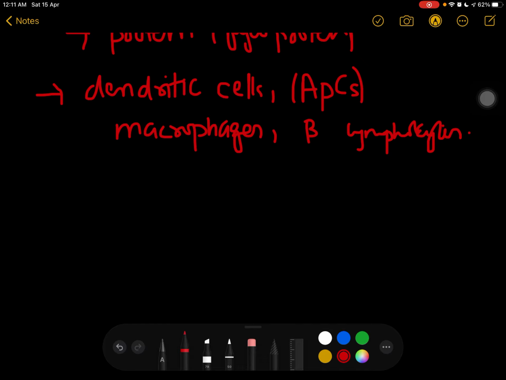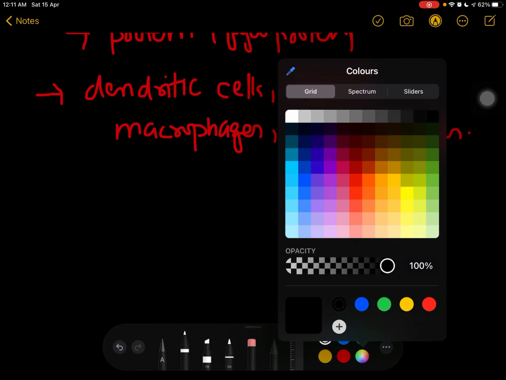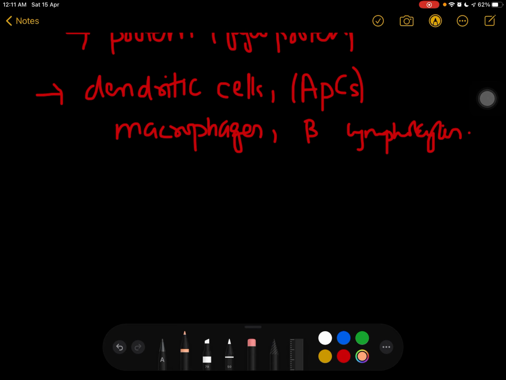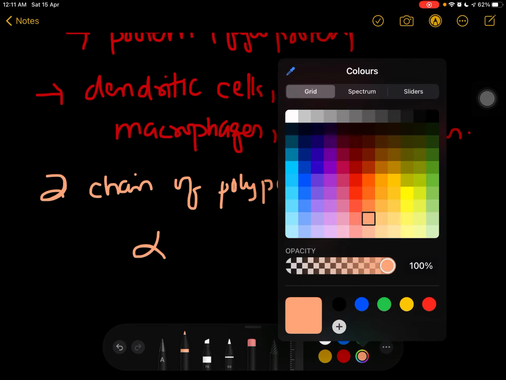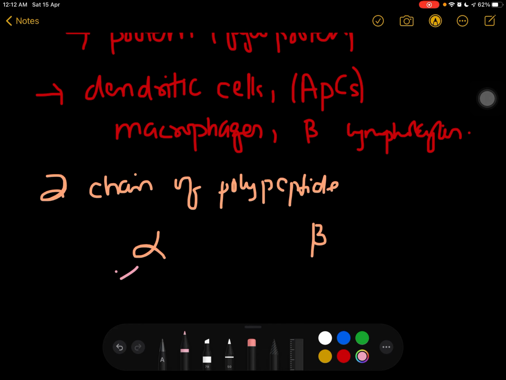Basically it is a heterodimer, like it consists of two chains of polypeptide, one is alpha and the second is beta. This alpha is further divided into alpha 1 and alpha 2, and this beta is divided into beta 1 and beta 2.